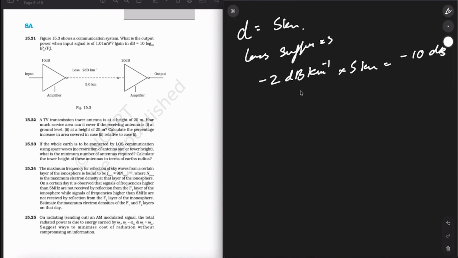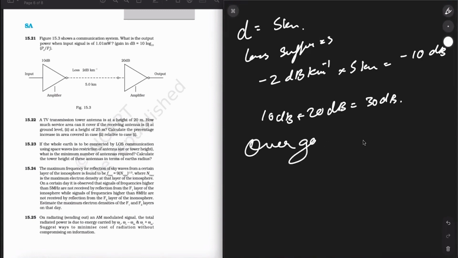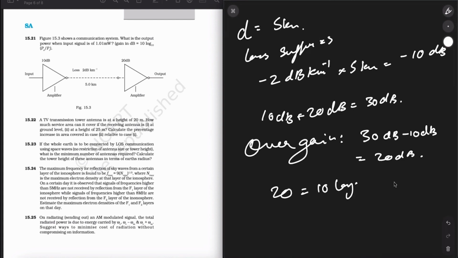So total amplifier gain will be 10 dB plus 20 dB, equal to 30 dB. So overall gain of the signal can be written as 30 dB minus 10 dB, which is equal to 20 dB. Now 20 equals 10 log 10 P0 by Pi.